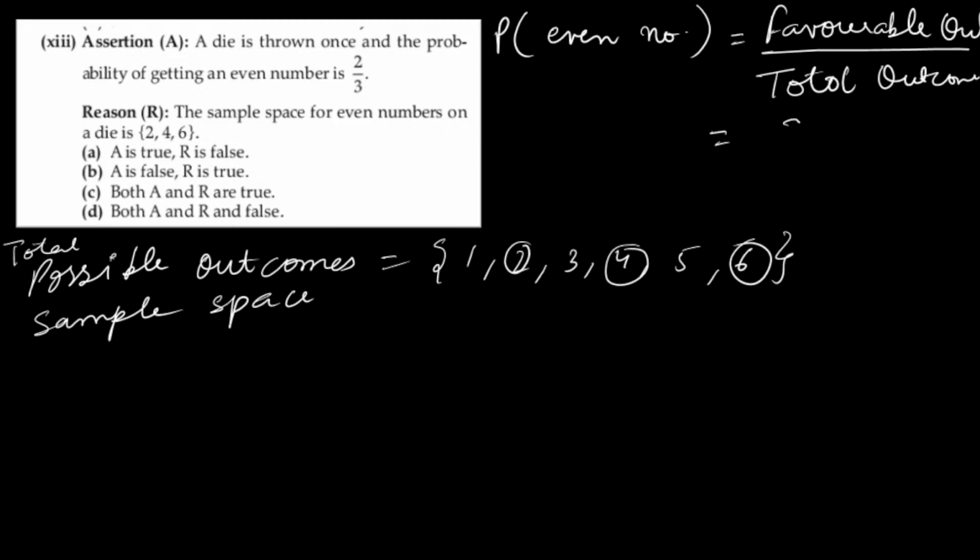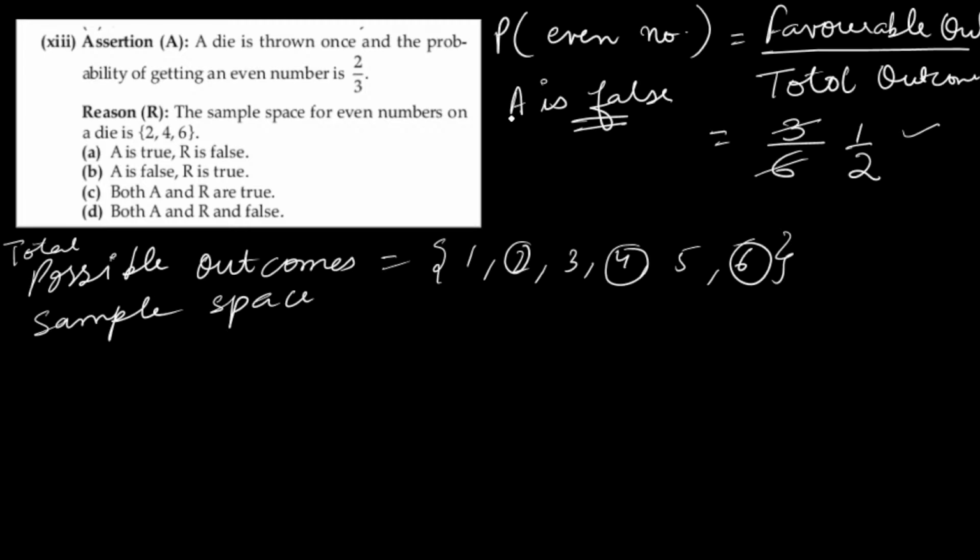So 3 even numbers are there, so favorable outcomes are 3, and total outcomes are 6. So the probability should be 1 by 2, but they have mentioned 2 by 3. So do you think it's correct? That means A is false.